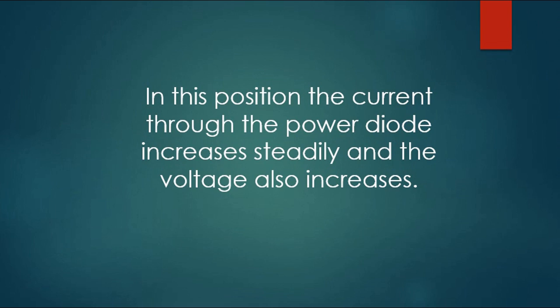That is to tell you that voltage is always waiting for current to enter, then voltage pushes the current, and that is how it works. Just go and watch that video if you enjoyed it. So in this position, the current through the power diode increases, and the voltage also increases. So that is how it works.